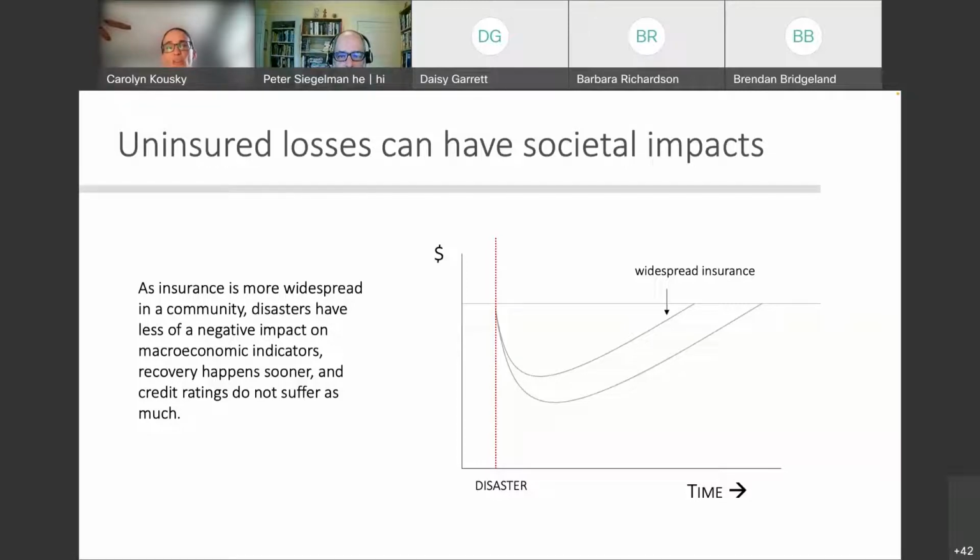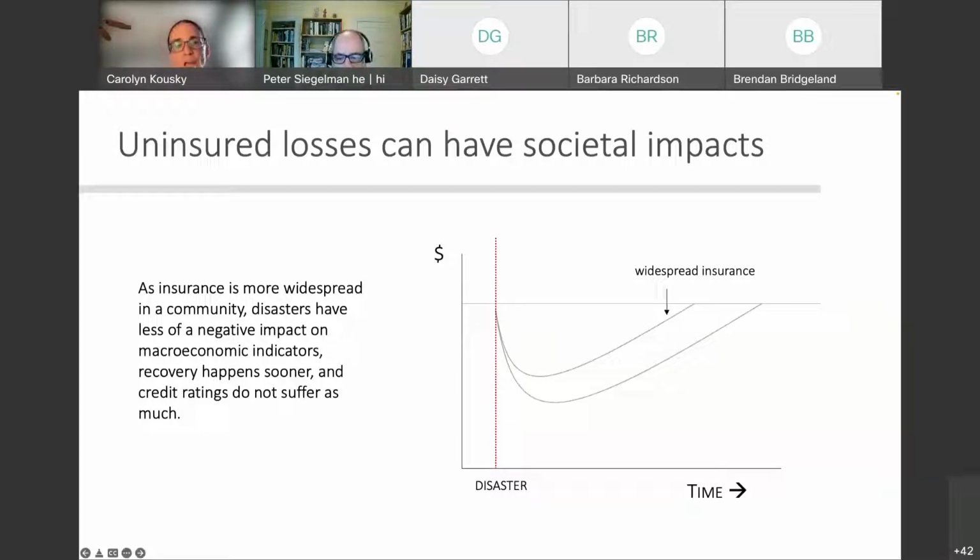Like, as more people in your community have disaster insurance, does that reduce the fiscal burden on the municipality after a disaster? For example, does it increase post-disaster tax revenue? Homes are rebuilt faster, the property values decline less, that type of thing. Or does it lessen out-migration because people have the resources to get back on their feet? Or does it reduce the burden on municipal services? So I think there are a lot of interesting research questions in this space that we just don't have answers to right now.